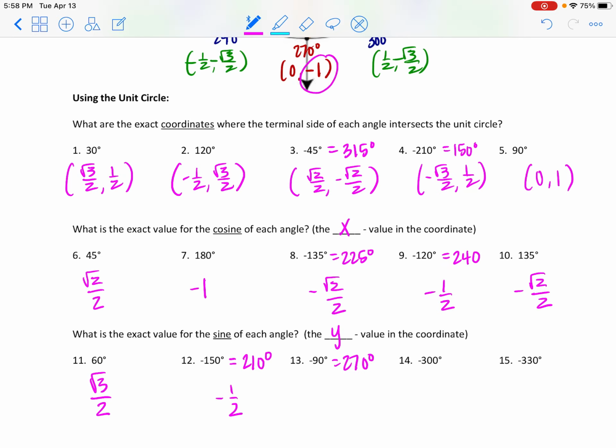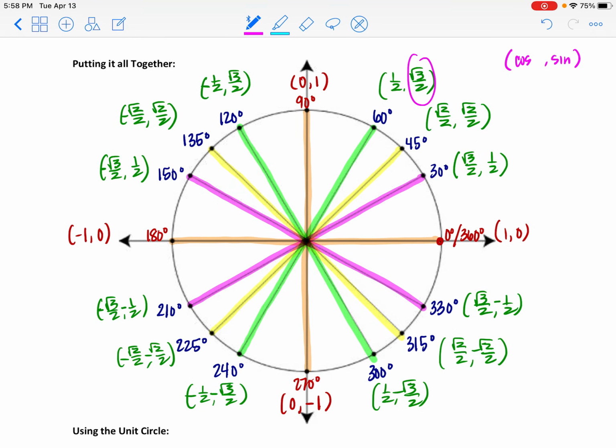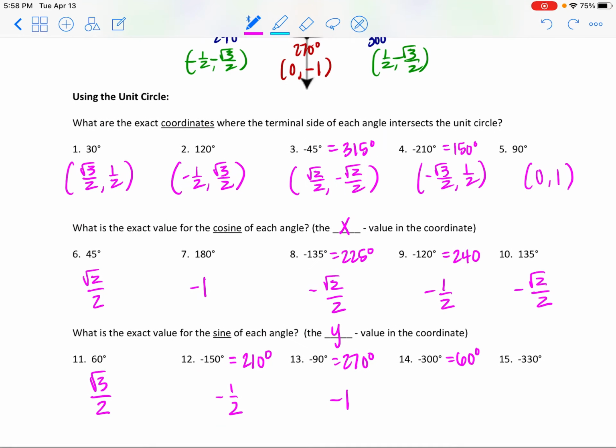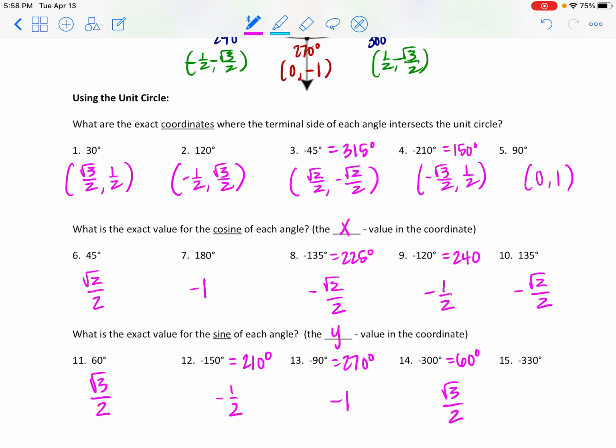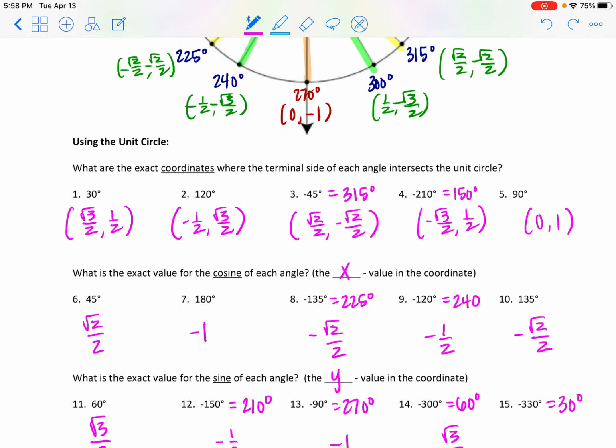And the sine there is going to be negative 1. And negative 300, coterminal to that would be 60. So negative 300 is 60. If I go to 60 degrees, the sine there is radical 3 over 2. And then negative 330, coterminal to that would be positive 30. If I go to positive 30, the sine there is a 1/2.